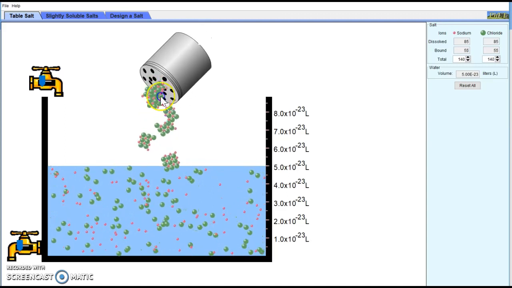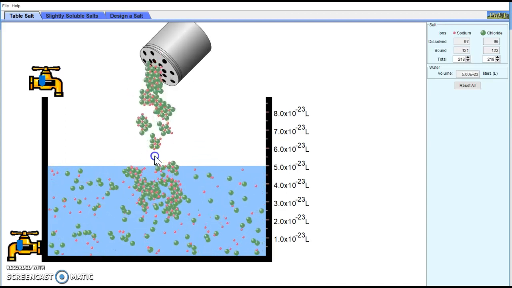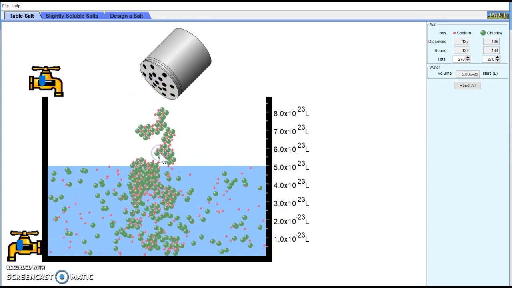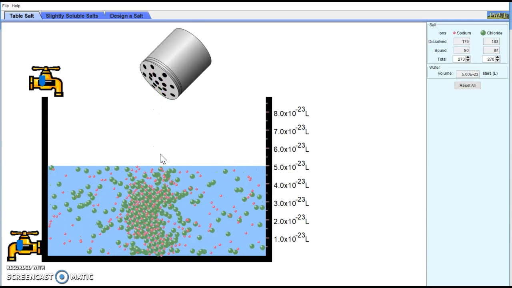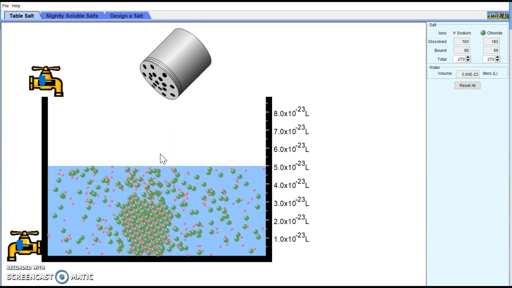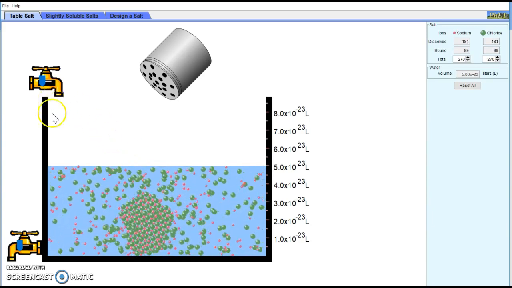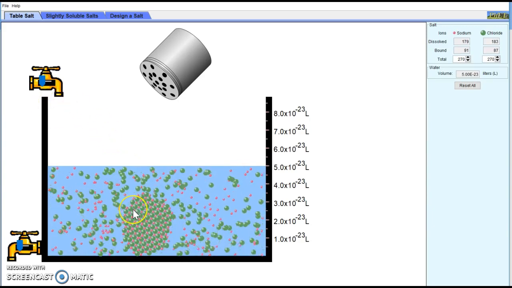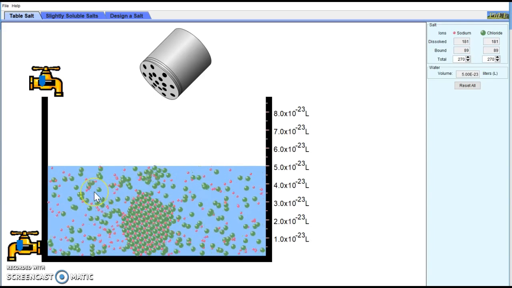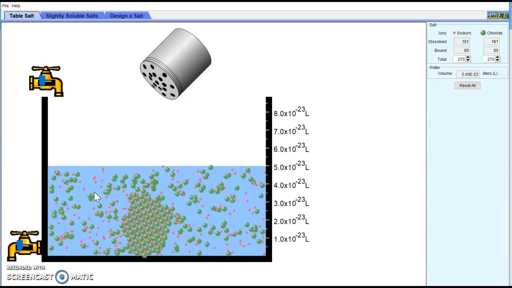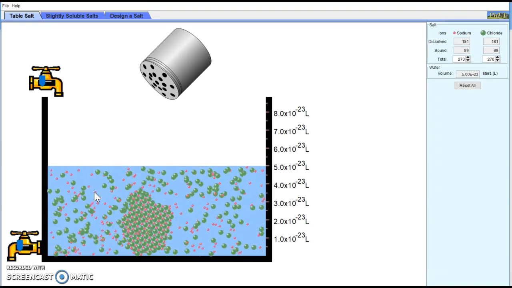However, if I continue to add salt, teaspoon after teaspoon, eventually we'll reach a point where the solution is saturated. If you have a situation like this where there is solid sitting at the bottom in equilibrium with dissolved ions, you've created a solubility equilibrium.